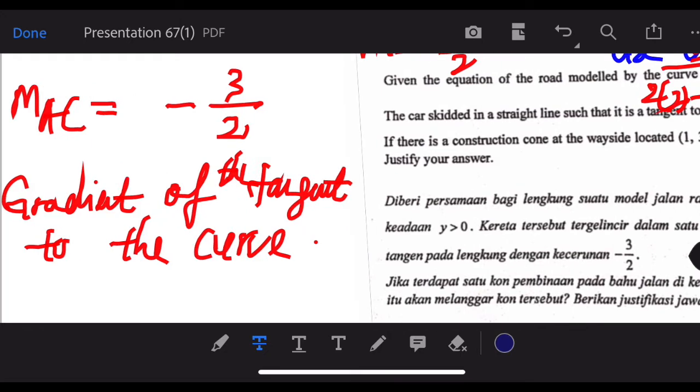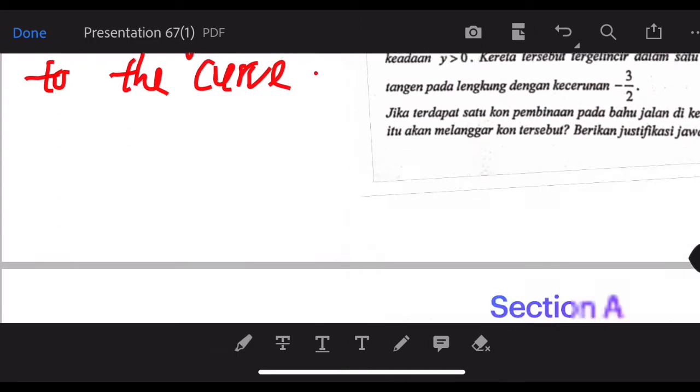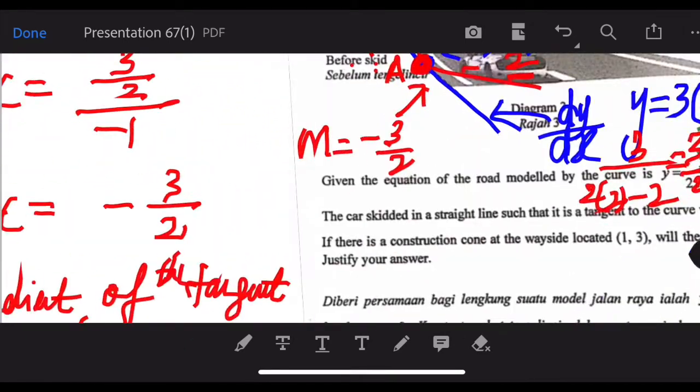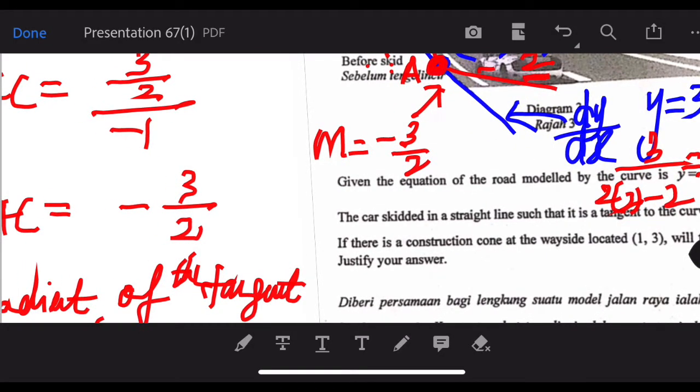Why? Because when we try to find the gradient of the point (1, 3) with the point on the curve, the gradient is actually equal to the gradient of the tangent to the curve, right? So we can say that the car will hit the cone.